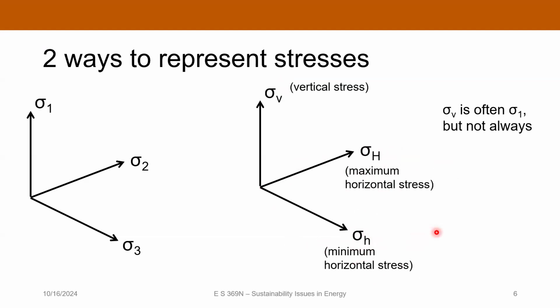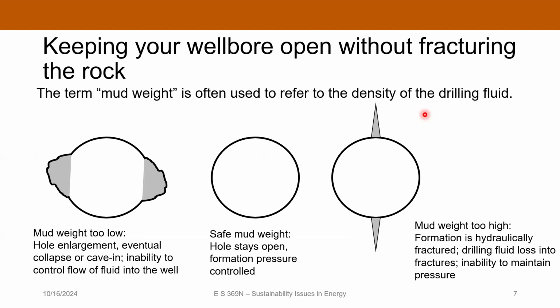And most of the time, not always, the vertical stress is going to be the maximum principal stress, but there are important exceptions to that, particularly when you are in tectonically active settings.